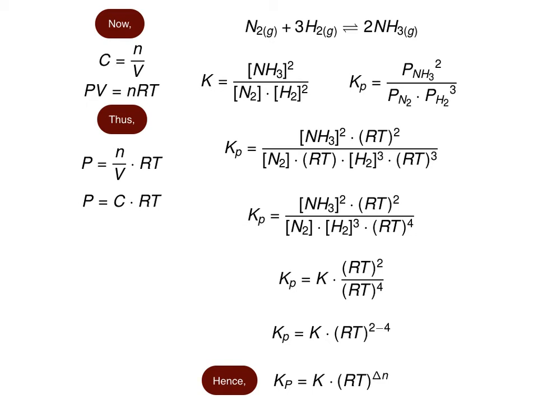If we substitute in for pressure the equivalent concentration, we can derive a relationship that relates Kp to Kc. That is, Kp is equal to Kc times RT raised to the power of the difference in moles of gas particles in a given reaction.